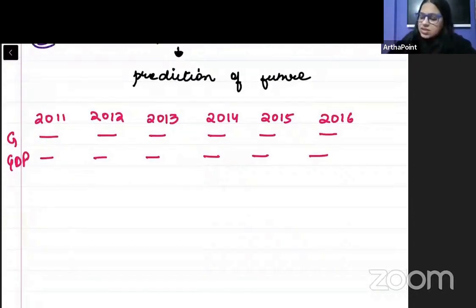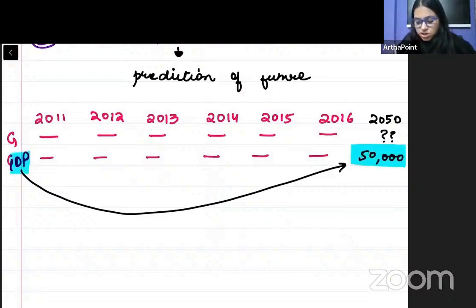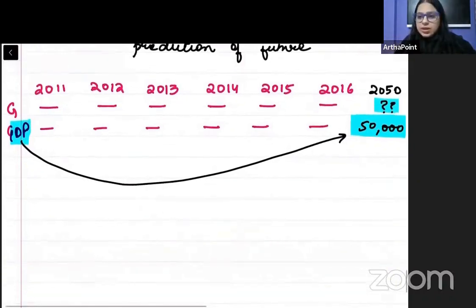Now, I am asking you: tell me that if in 2050 India wants to achieve a GDP of 50,000 billion crores, whatever, it wants to achieve this much GDP, how much expenditure should the government do? If in 2050 government wants to achieve a particular amount of GDP, then how much expenditure will the government have to do that year?